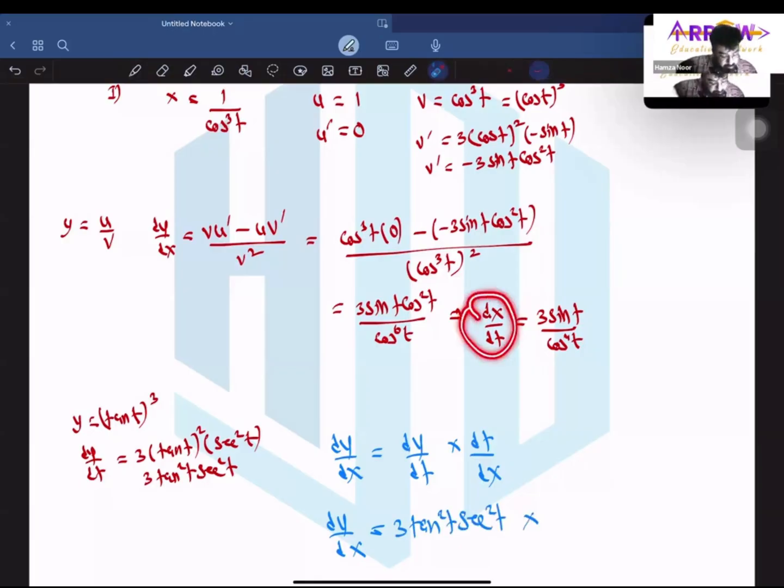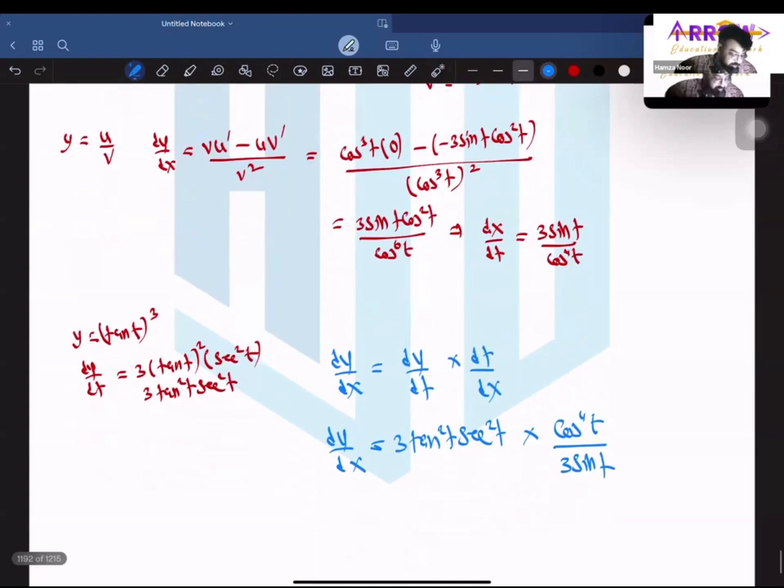We have obtained dx over dt, so we are just going to reverse the fraction, or you could say we are going to use the reciprocal of dx over dt. So this is supposed to be cos t raised to the power of 4 divided by 3 sine t. So far we have achieved this much. Now I can use identities over here. In place of tan square t, I can write sine square t divided by cos square t.